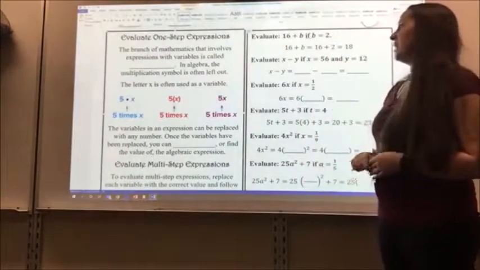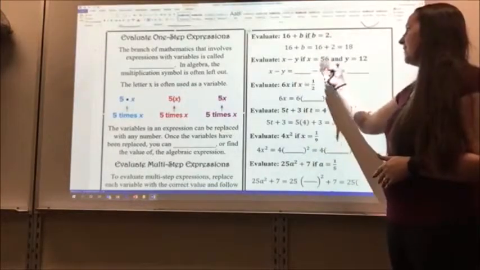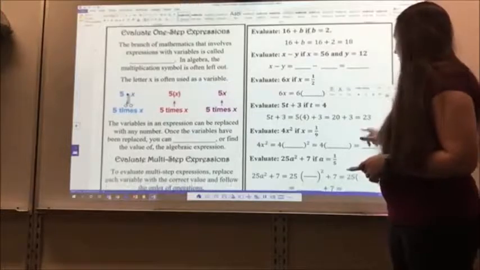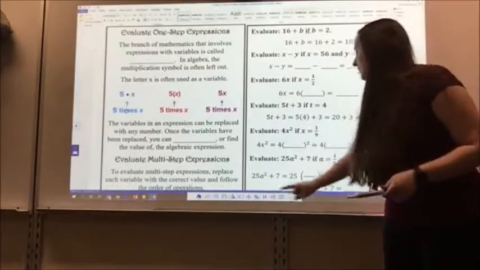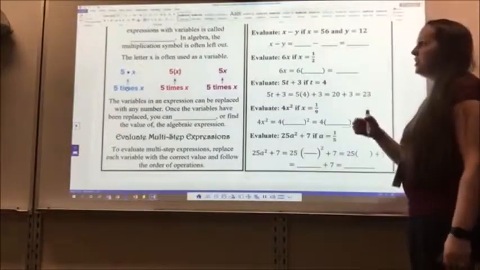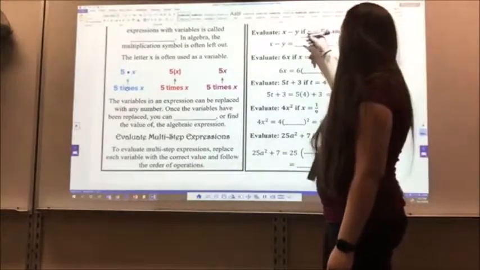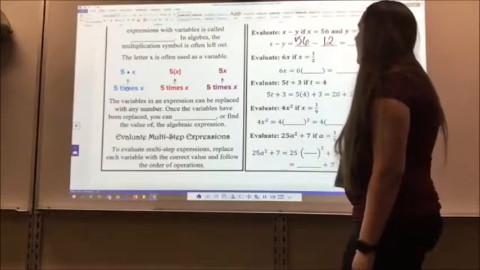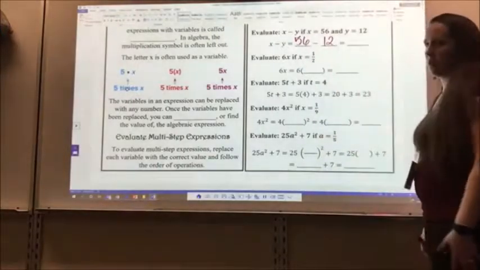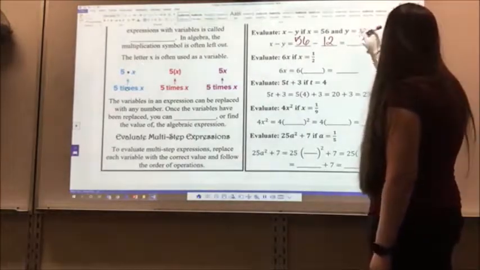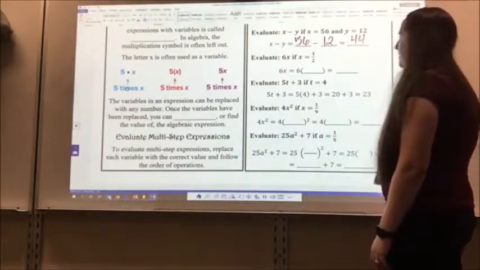I can do the same thing for x minus y if x equals 56 and y equals 12. I substitute in my value for x and my value for y, and then I subtract and use my order of operations. 56 minus 12 gives me 44.